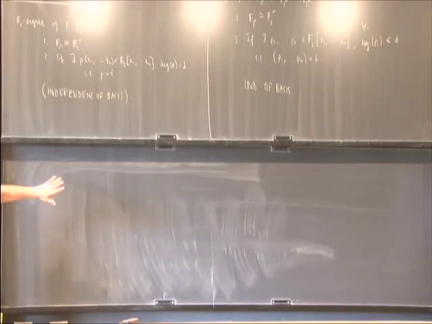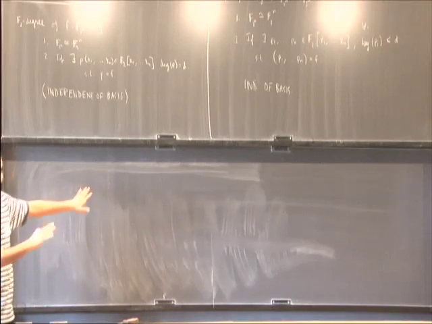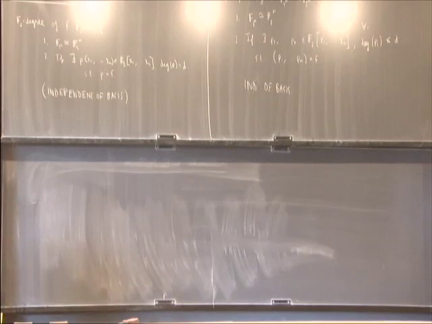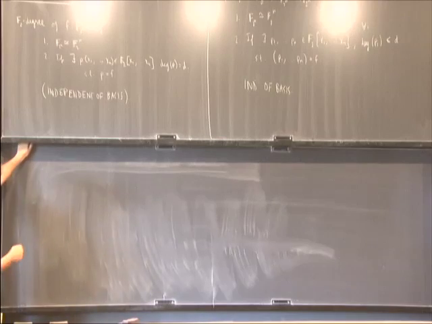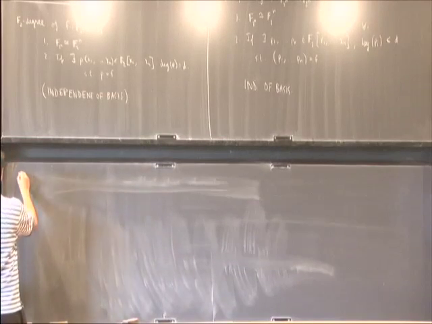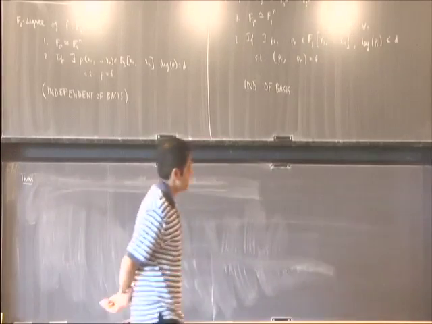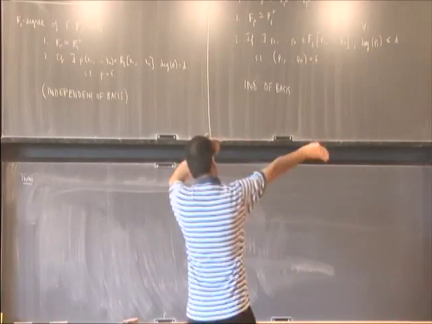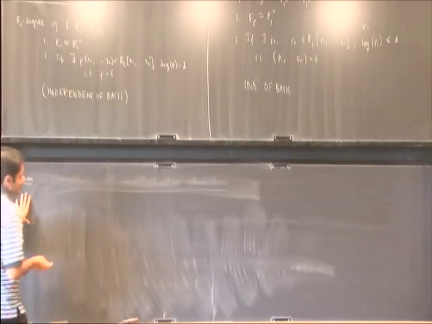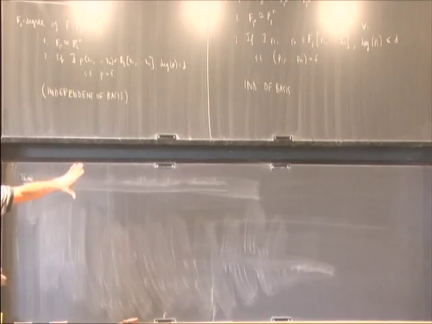Okay, so first I want to check: are the questions clear? Okay, great. The theorem that I want to state now covers both those settings, and it says that indeed what I wanted to prove is true.